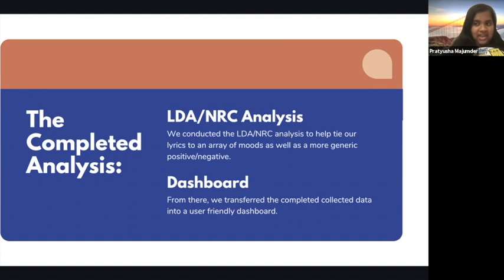We then took into account the top 3 emotion scores for each song for our dashboard. We also conducted something called an LDA analysis, which finds common topics between words in a document, which for us was the song lyrics. Then we return the common themes for the songs listened to each month.